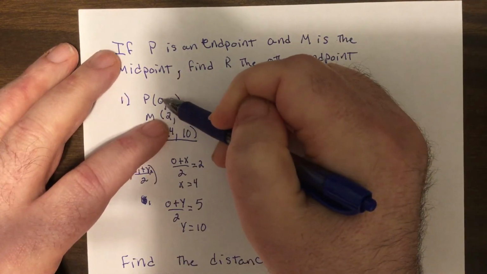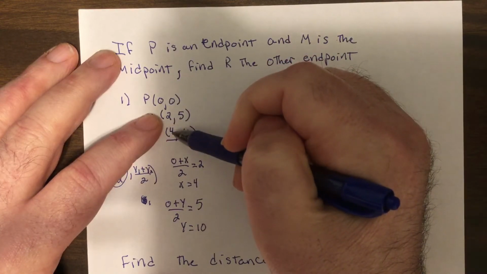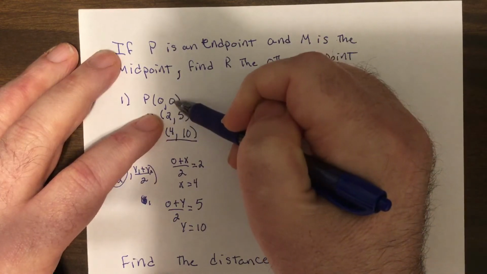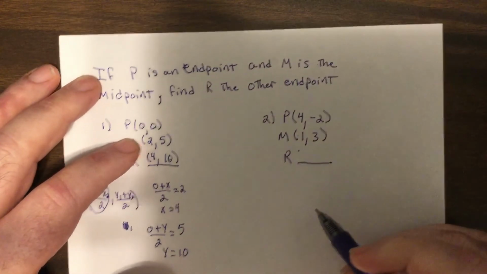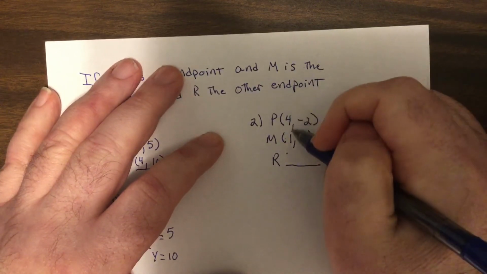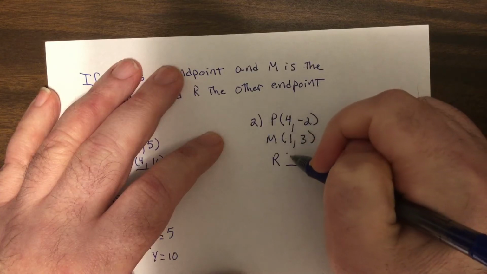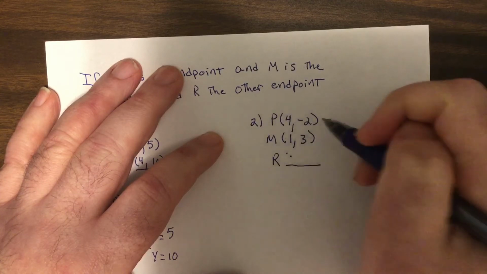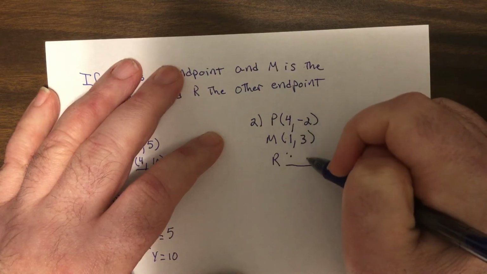So if this is 2 units below, this has to be 2 units above. 5 units below, this has to be 5 units above. So this one, this is 3 above, so this has to be 3 below. This is 5 below, so this has to be 5 above.